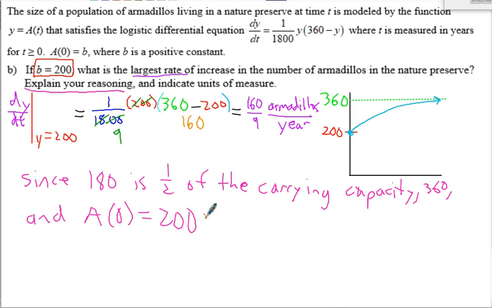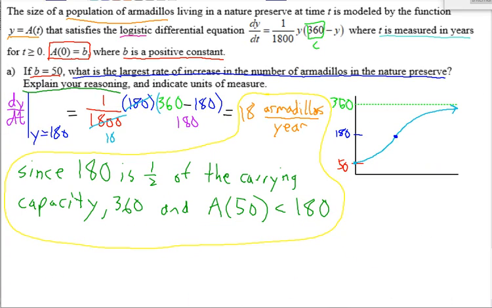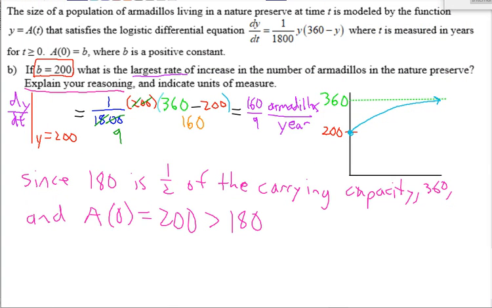It's actually greater than half the carrying capacity, so that's where it's the steepest. As opposed to the last one, that's why we had to say the initial amount was less than half the carrying capacity, so that makes it steepest at half of the carrying capacity like it usually is, but in this case it's actually steepest at the initial amount since it's above that carrying capacity.